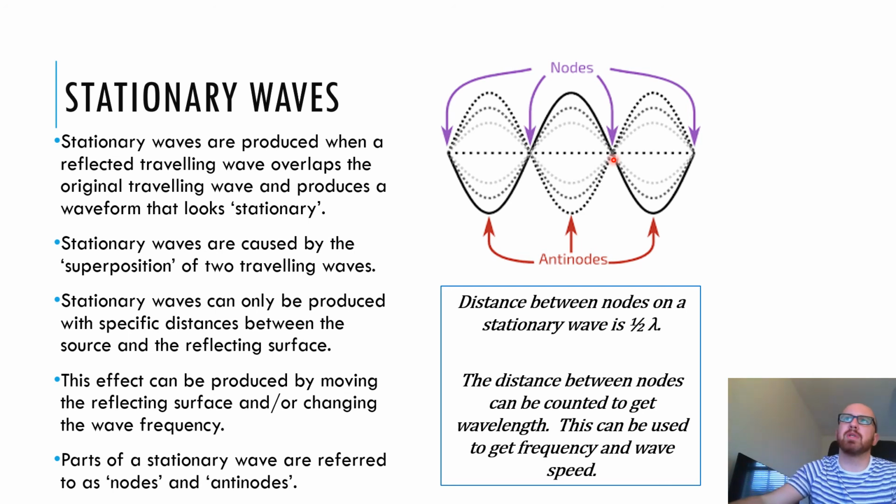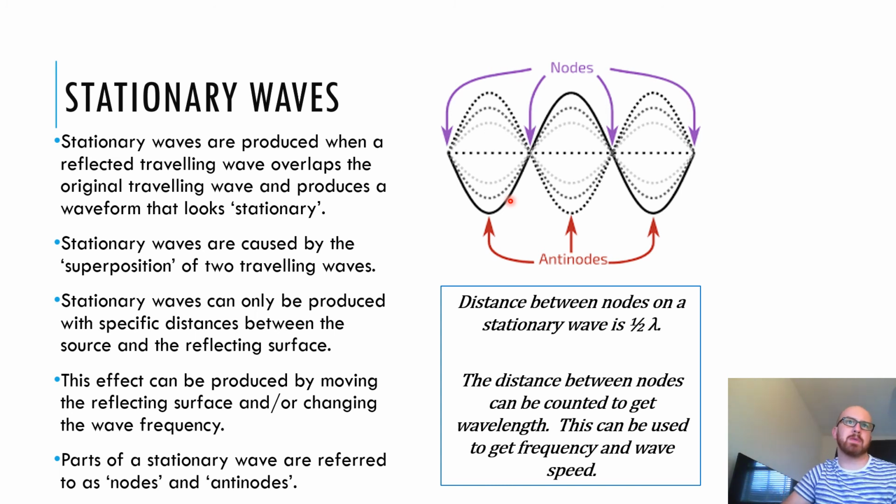And you get these points where it looks like the wave's not moving. So what's happening is the wave is going forward, but reflecting off a surface and reflecting back again, and you get these bits where our maximum amplitude are bouncing up and down, and bits where you get nothing happening. These are called antinodes, and these points here are called nodes.